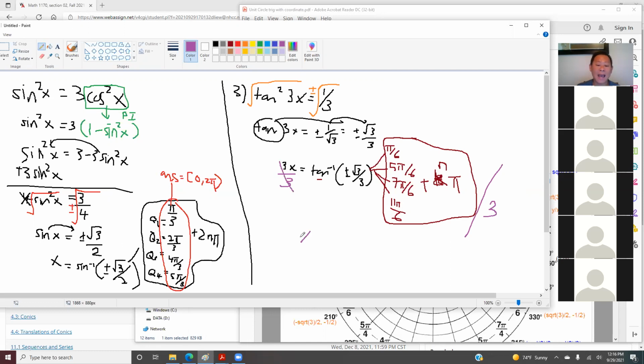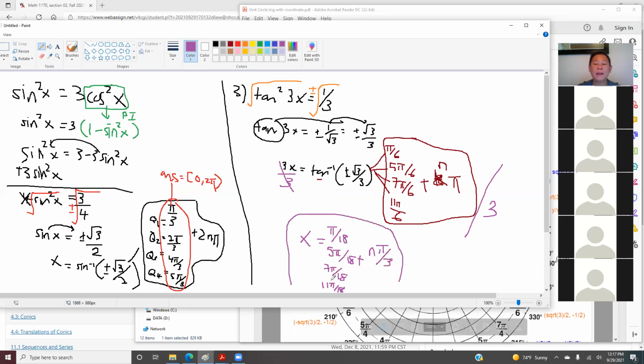So now you will get x. You need to take these values, pi over 6, 5 pi over 6, 7 pi over 6, and 11 pi over 6, divided by 3. When you divide by 3, the 6 will be multiplied by 3, so you will get 18. So your answer will be pi over 18, 5 pi over 18, 7 pi over 18, and 11 pi over 18, plus, there used to be n pi, so this will be n pi over 3.